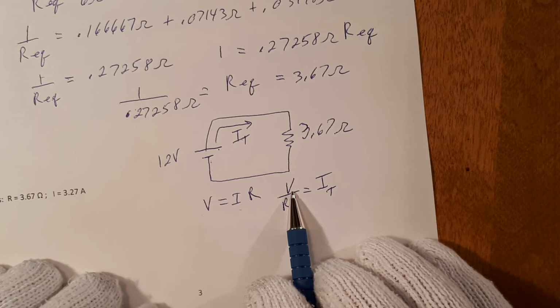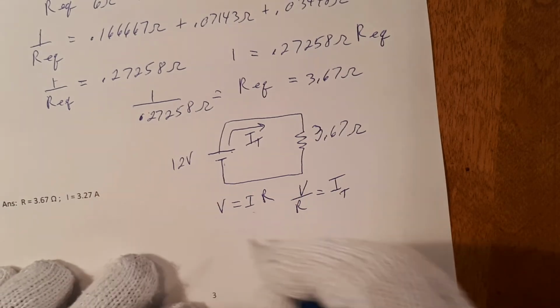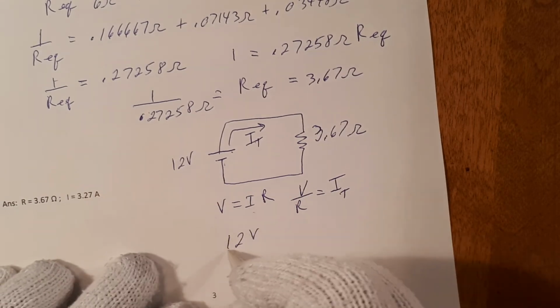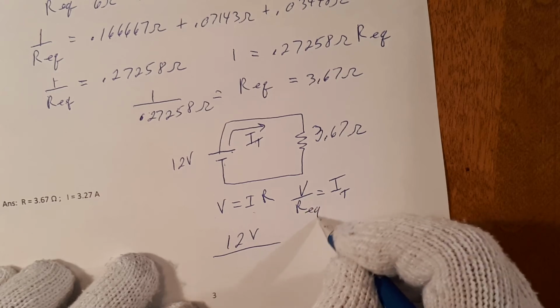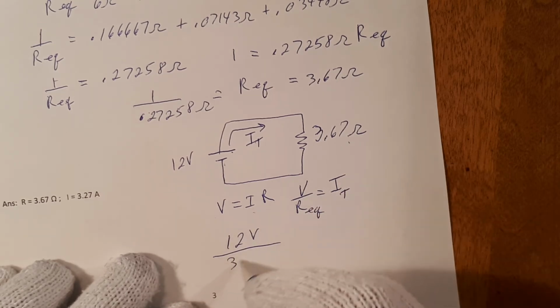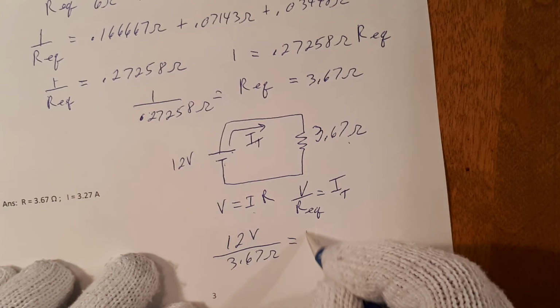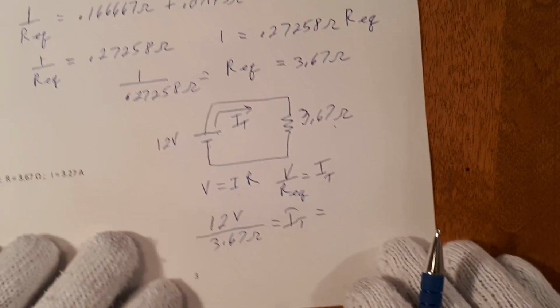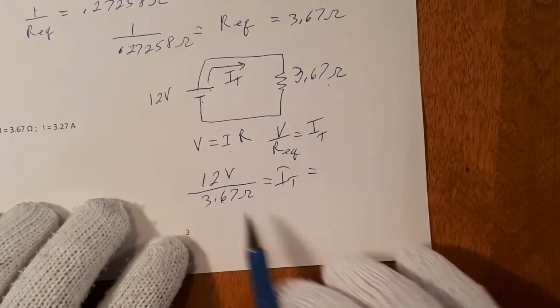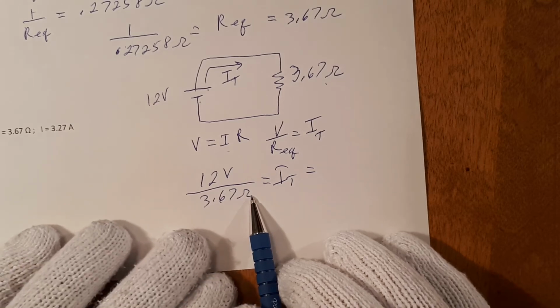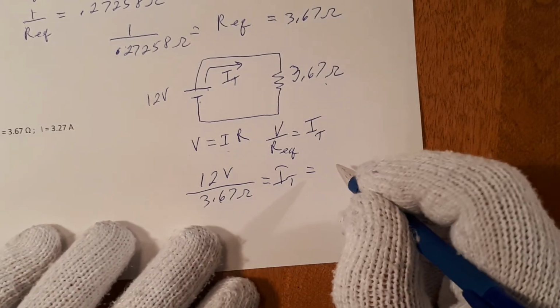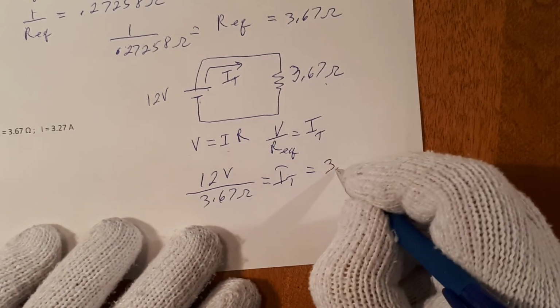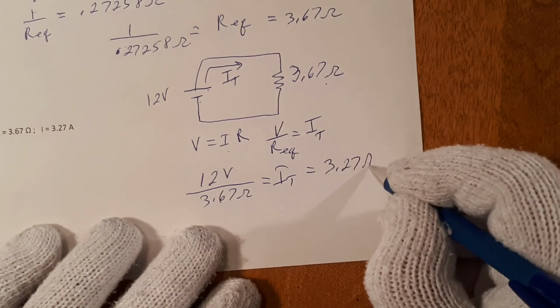Putting in the values, you have 12 volts divided by the equivalent resistance, 3.67 ohms, is equal to the total current. And 12 divided by 3.67 ohms is equal to 3.27, and the unit is going to be amps.